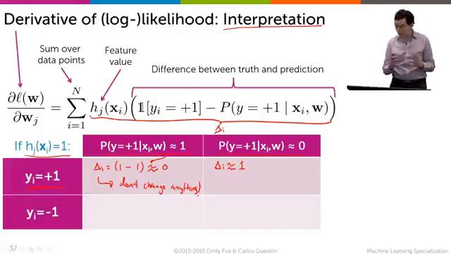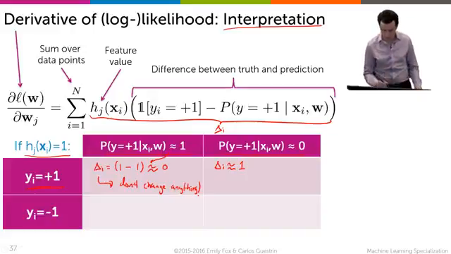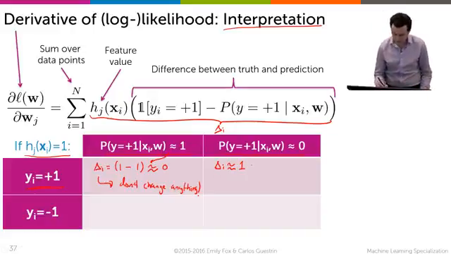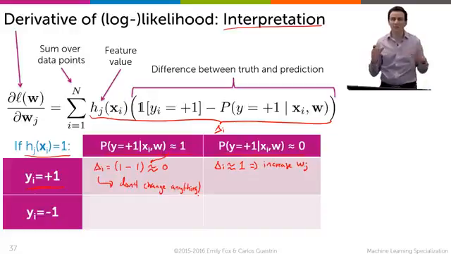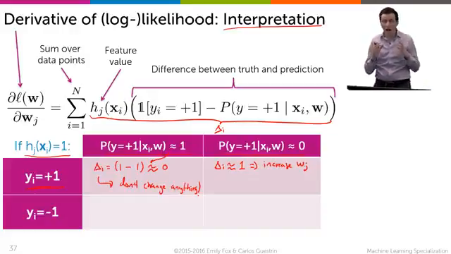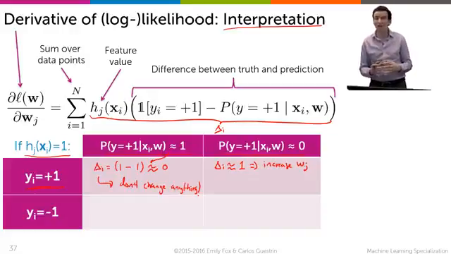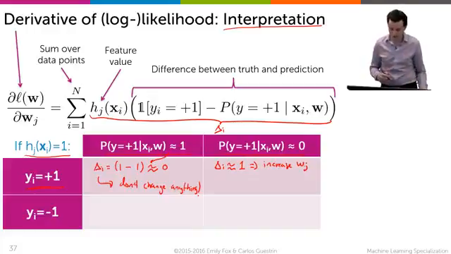So delta i is really big. And so what does this imply? This implies that this data point wants us to increase the coefficient wj, the one that we're just trying to update. It says push the derivative up, add this little delta that makes it more positive.